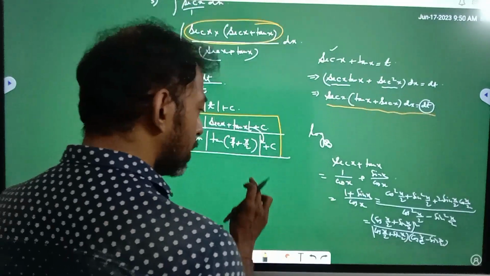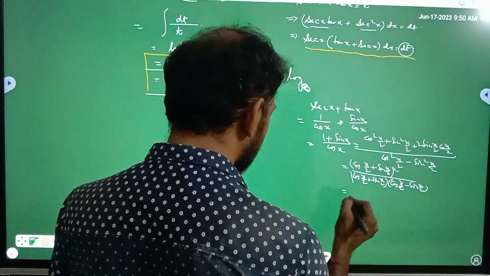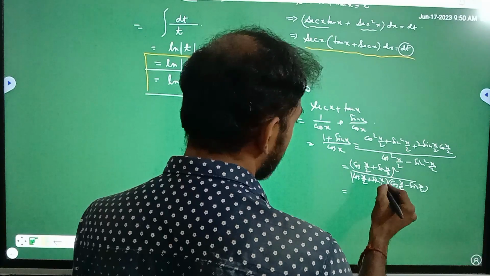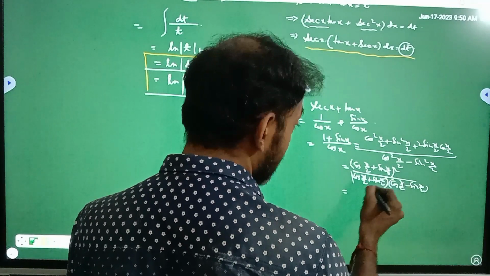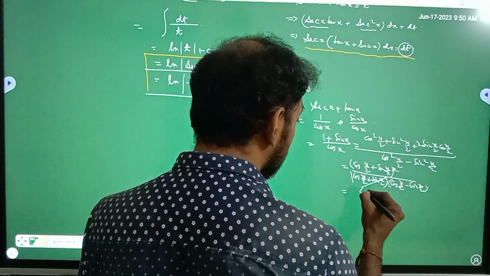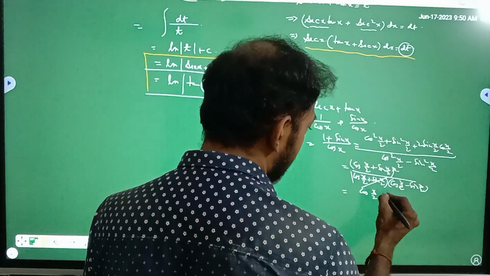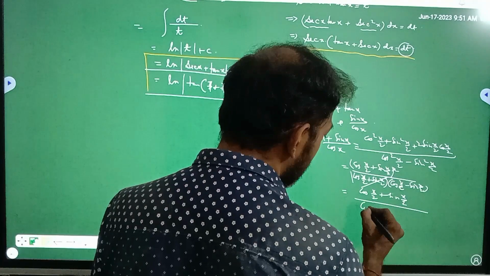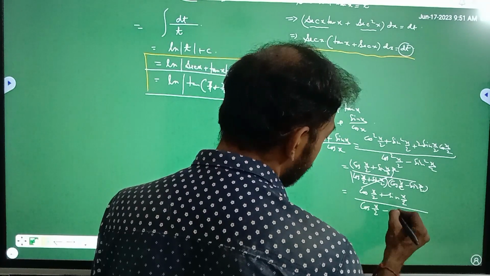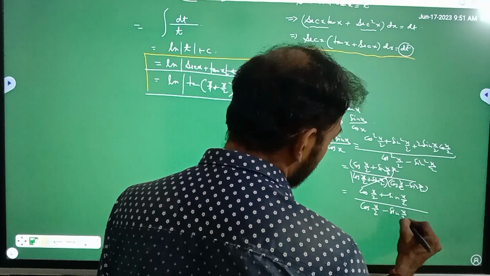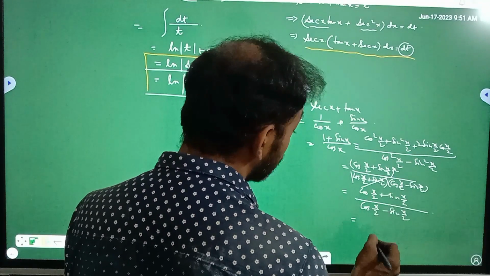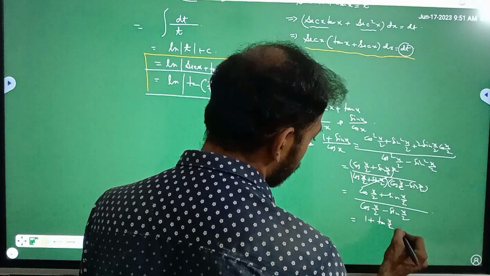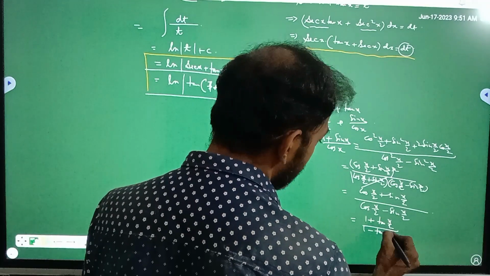After that you may cancel one common factor, cos x by 2 plus sin x by 2, and the rest will be (cos x by 2 plus sin x by 2) divided by (cos x by 2 minus sin x by 2). After dividing numerator and denominator by cos x by 2, we will get (1 plus tan x by 2) divided by (1 minus tan x by 2).